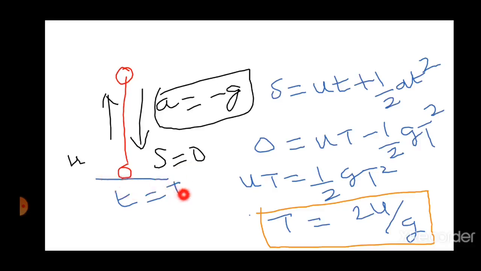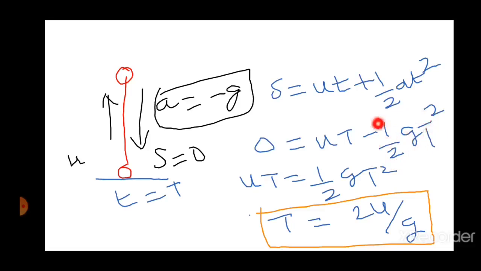Now using the kinematic equation, we know that s is equal to ut plus 1 by 2 at square. The total displacement is 0, so s is equal to 0. Now substitute the initial velocity u, time t is equal to capital T: ut minus 1 by 2 g t square, since a is equal to g in the opposite direction.